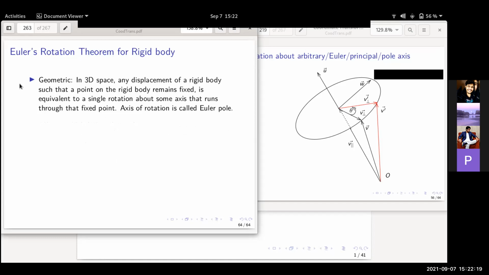Okay, check it out. So let us summarize our entire discussion. This is Euler's result basically. There are two ways of looking at this result.